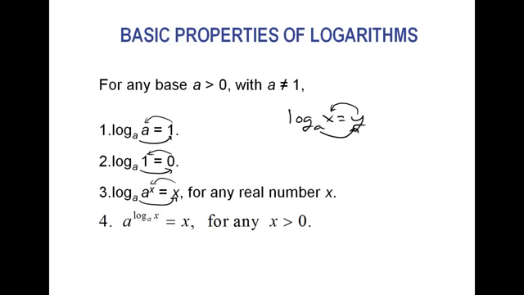So if we take a and raise it to this log base a of x, we're really getting a to the y, which we just said a to the y equals x. So you can see taking the base number and raising it to a power of the log, they undo each other. These things are inverses. So a power of a log and a log of a power, because here's a log of a power, gets you back to x. Inverses.